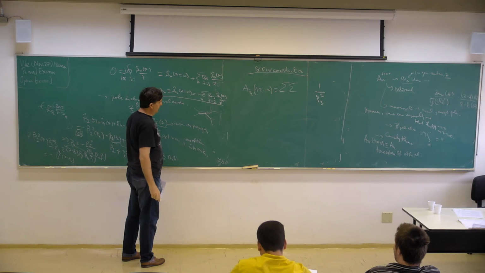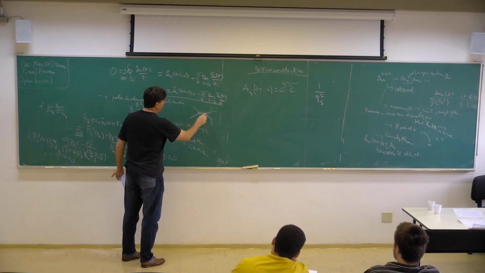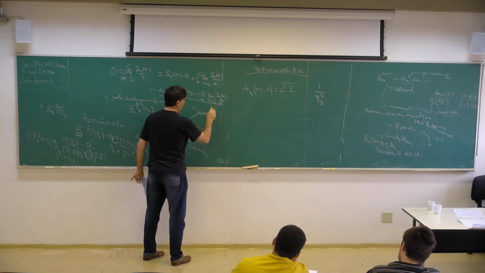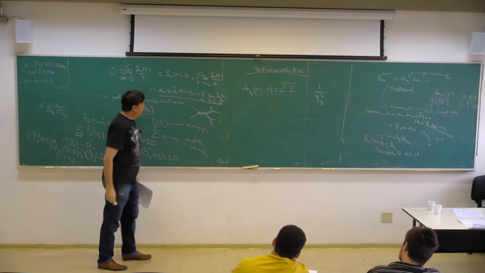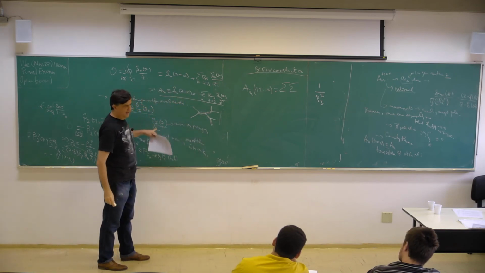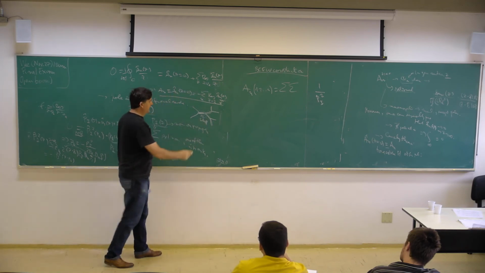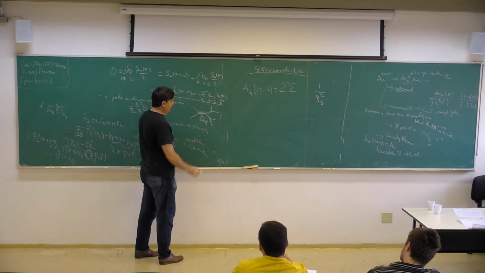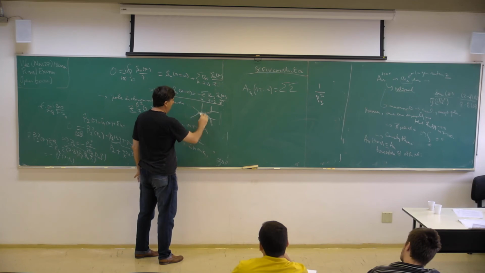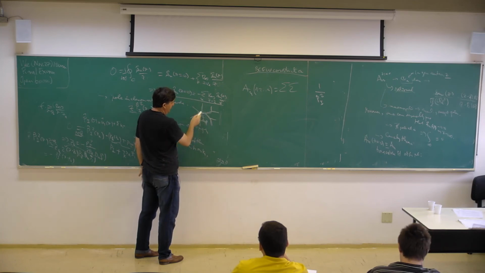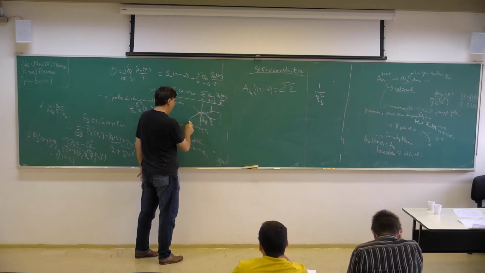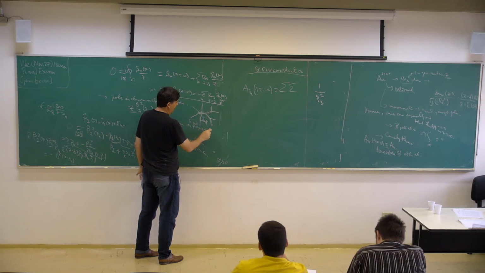Okay? And then I remember what this amplitude was. The point about the pole in this amplitude was that this propagator was getting on shell, in which case I have a certain k point amplitude to the left and an n minus k point amplitude to the right.